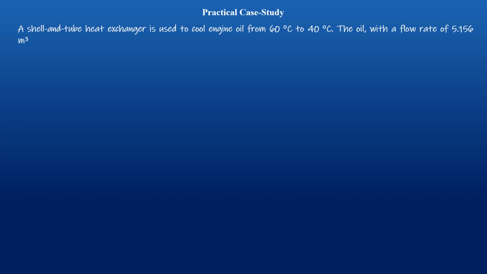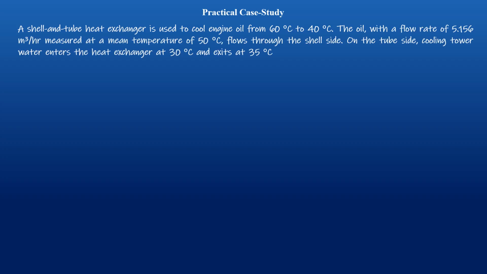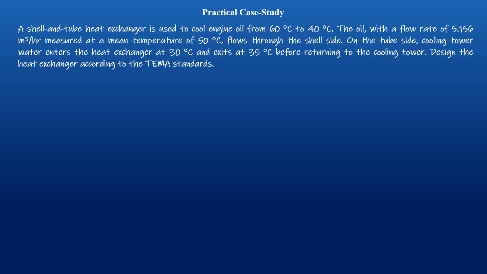Practical case study. Let us consider a shell and tube heat exchanger that is used for cooling down engine oil. It enters the exchanger on the shell side at 60 Celsius and leaves at 40 Celsius, at a flow rate of 5.156 cubic meter per hour, measured at the mean temperature of the oil.